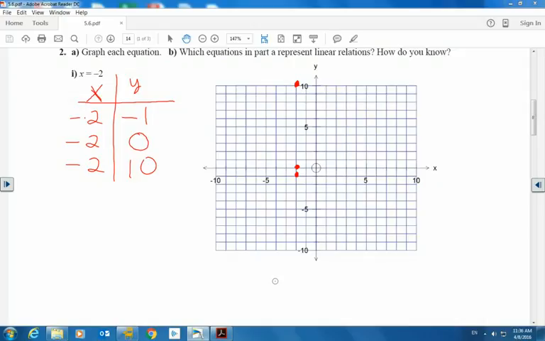So no matter what y value I have, I'm trying to make a straight line that goes vertical, and it hits every point where x is equal to -2, no matter what my y value is.